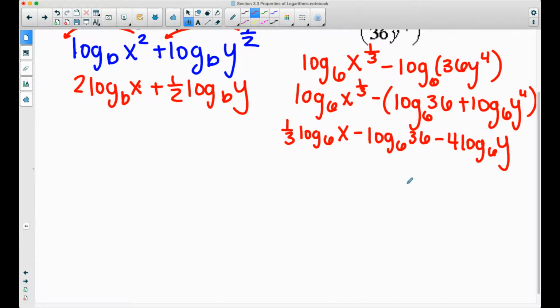Now, can we evaluate log base 6 of 36? What does it equal? 2. Now, I do not have any picky standard form I want y'all to write this in. So you can write it kind of however you see fit.